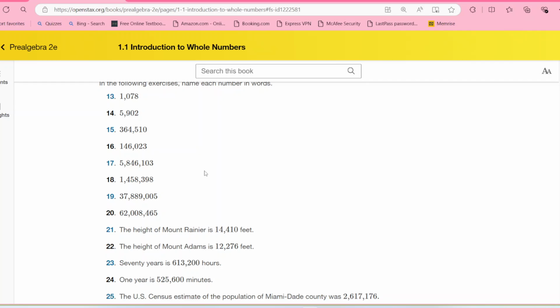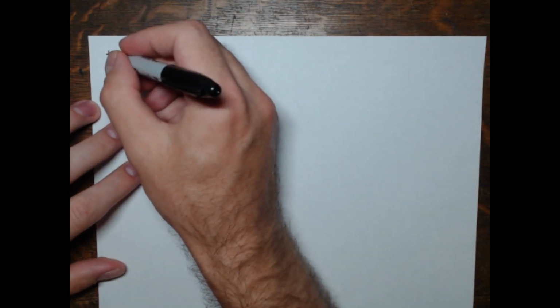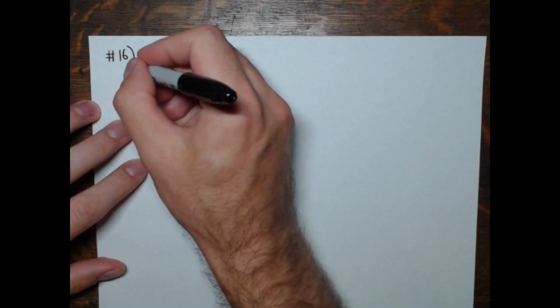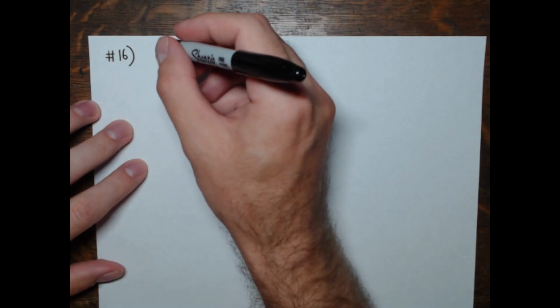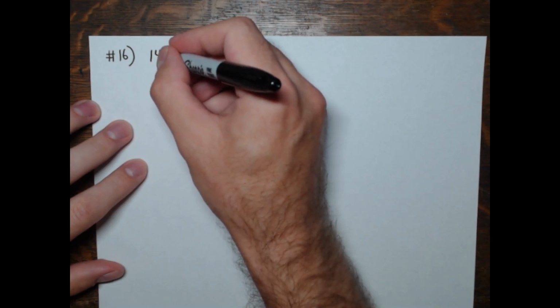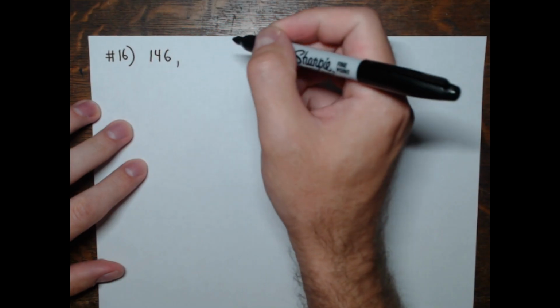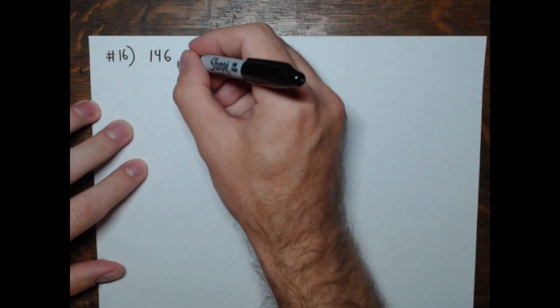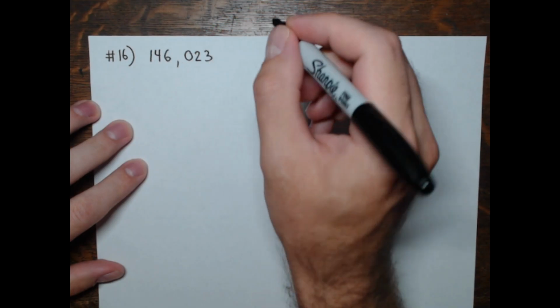Number 16 has the same number of digits as number 15, so it should have a very similar looking name. Number 16. The digits are 146, comma, 023.